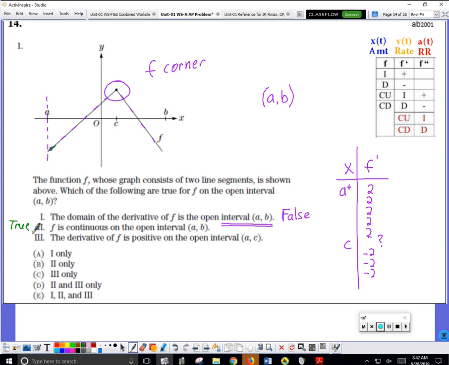Questions about that? Awesome. The derivative of f, that means f prime, is positive on the open interval a to c. So is f prime positive from a to c? Hands up, who knows? True or false, and why? True or false, and what is the reason? Let's go, Lily.